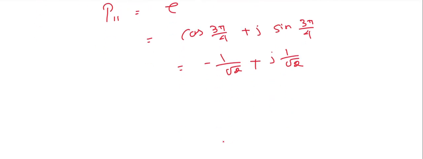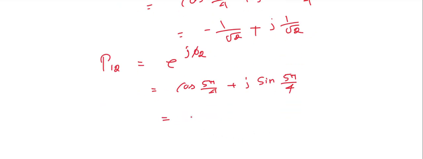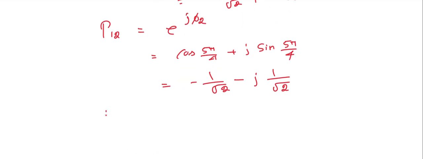Similarly, the other pole p12 is equal to e power j pi 2, which is equal to cos 5 pi by 4 plus j sin 5 pi by 4, which is equal to minus 1 by root 2 minus j 1 by root 2. So both poles are minus 1 by root 2 as the real part, plus or minus j 1 by root 2.